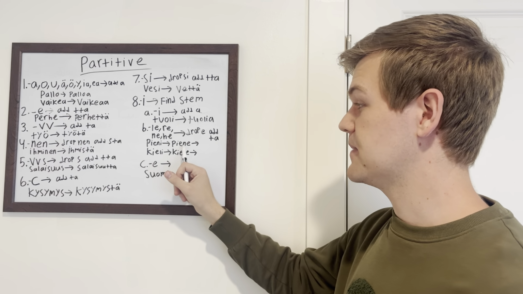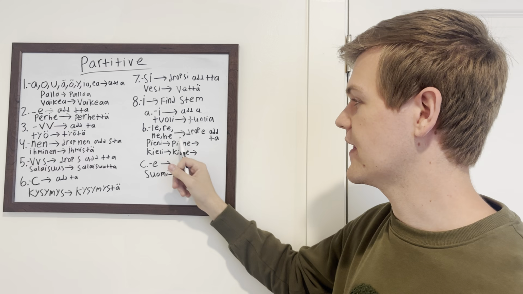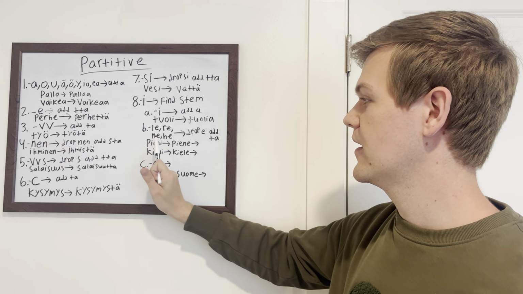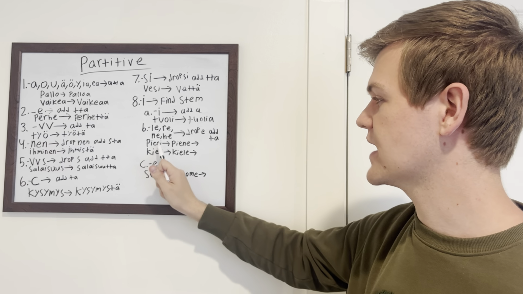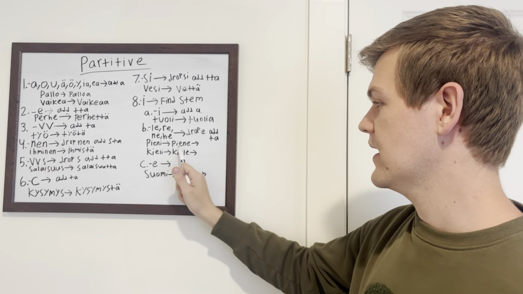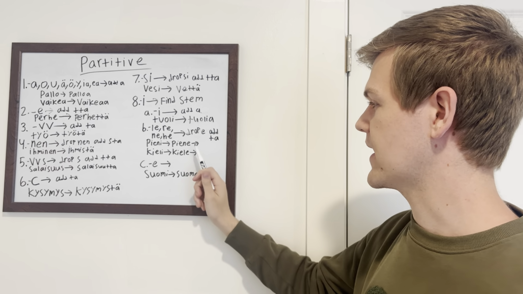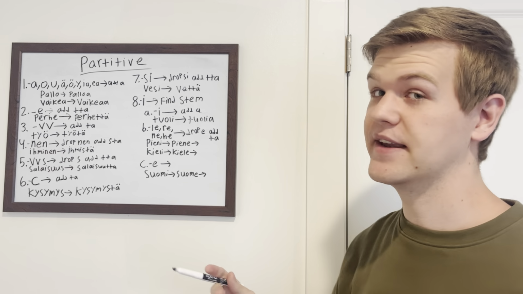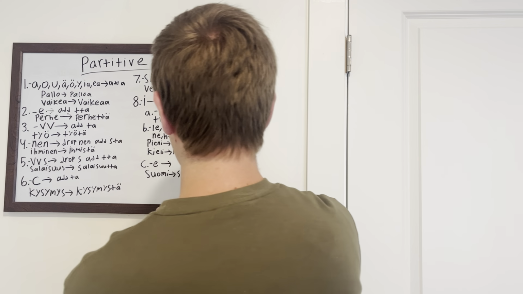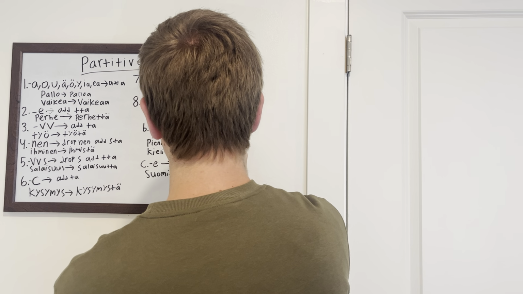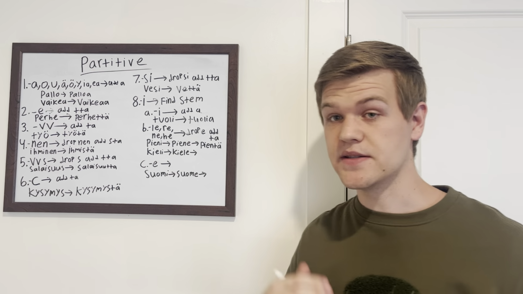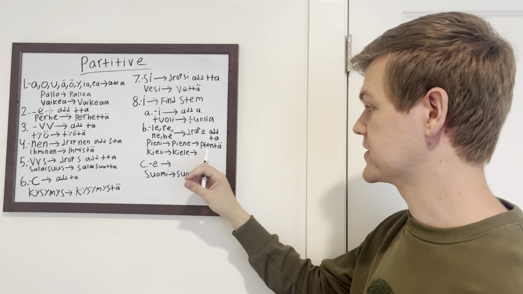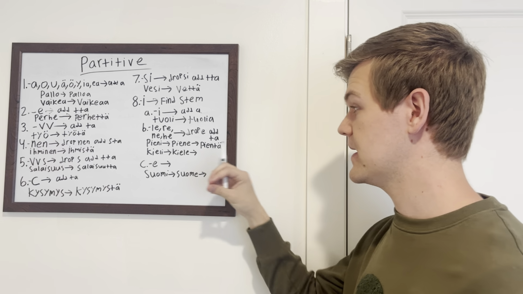Its stem is piene. And so we see that this fits into B here, where it's got N-E as the stem. So even though the word ends in I, its stem has N-E at the end. So I can take off the E and add T-A, giving me pienta. And pieni means small. So if I want to put the word small in partitive, it's going to be pienta.